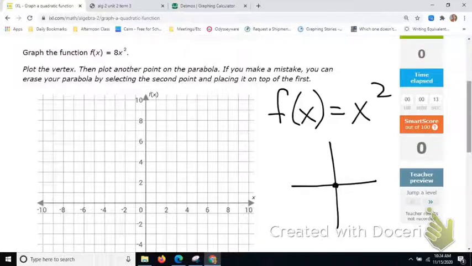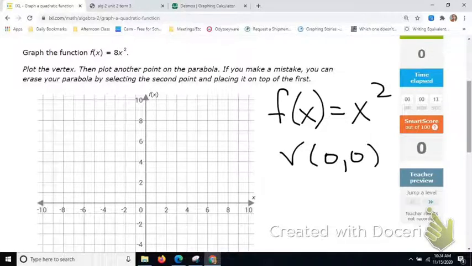It would start at 0, 0, and then when I plug a 1 in, I get 1, and when I plug a 2 in, I get 4. Well, it doesn't really hug the line like that, but I'm a terrible artist. But it would be at 0, 0. So the most basic one, this vertex is at 0, 0.